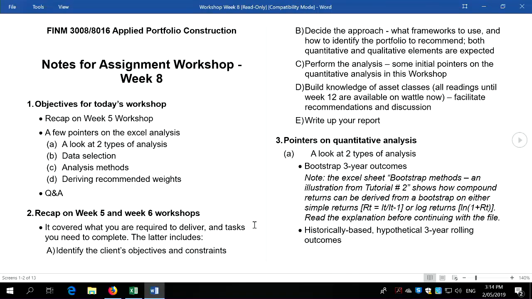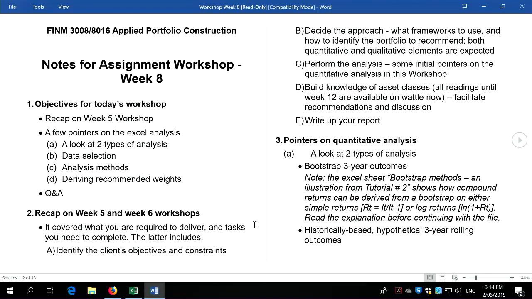So keep this in mind. I do define a boundary. You might have some adventures, you might test your own ideas, but eventually you will have a diversified portfolio where most of the investors' constraints and objectives can be satisfied.